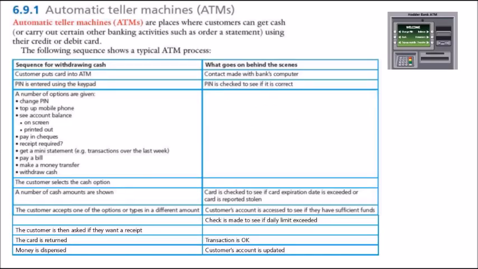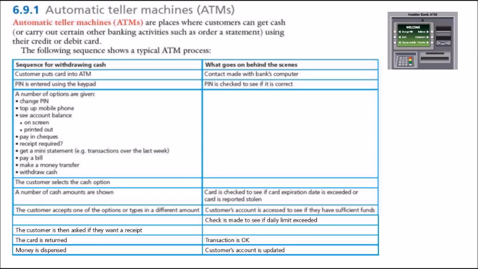Now, first of all, we will talk about ATMs, the automatic teller machines. We are all used to seeing these automatic teller machines everywhere, in all places. As customers, we can get cash or carry out certain banking activities using these machines with our credit card or debit card.